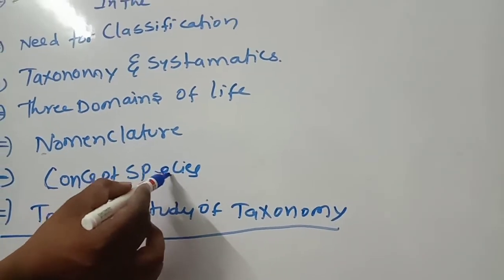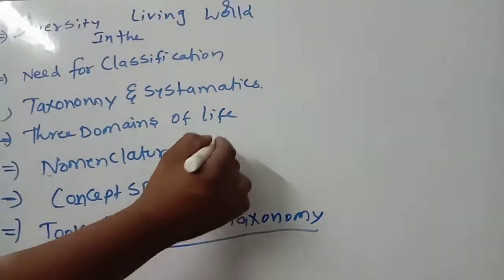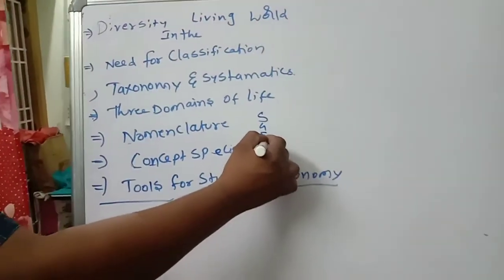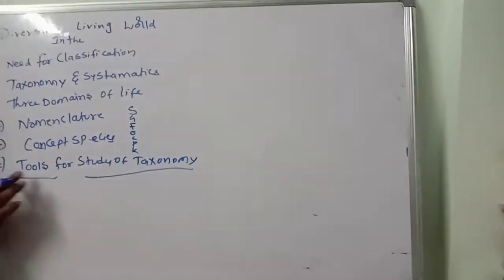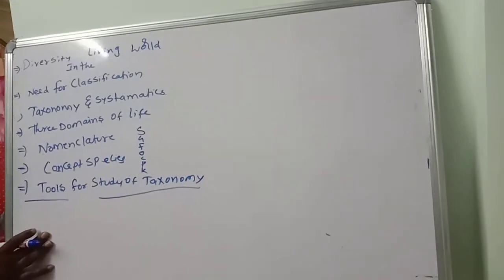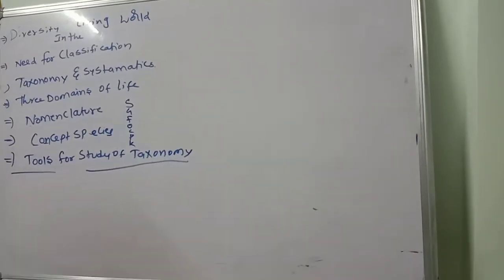This is very very important. What is the species? Basic unit of classification. Then hierarchy, SGF, OCPK, like that we discussed. So these are all the things. Then later we discussed the tools for study of taxonomy. So what tools are there to study taxonomy?